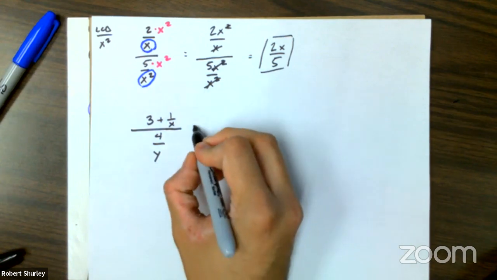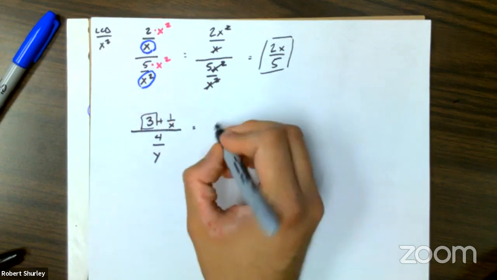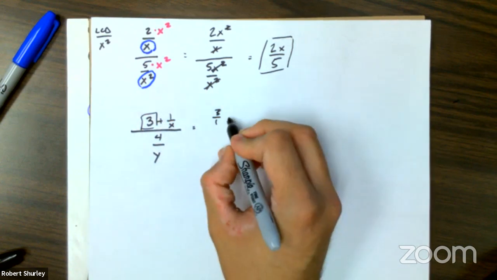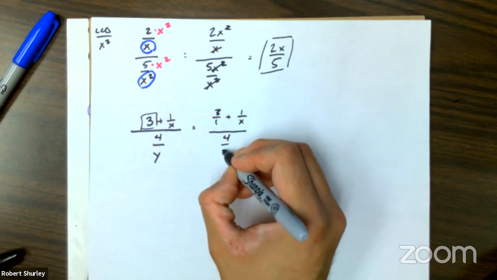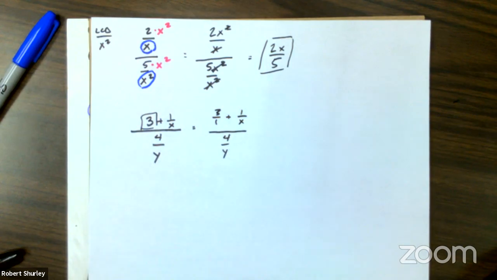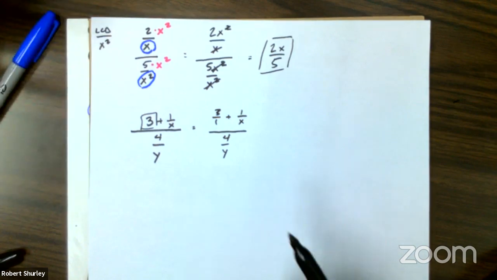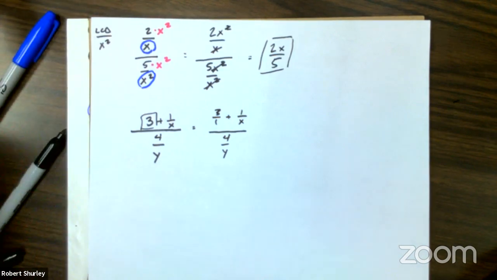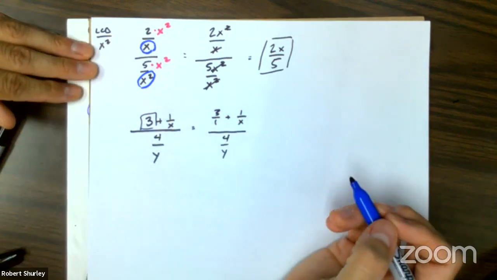Okay, so the first thing I'm going to do is write these all as fractions. Look, this is just an integer, so we can write it as 3 over 1 plus 1 over x all over 4 over y. Okay, if you're going to use this technique, which if you don't know how to simplify complex, I'm assuming you're going to use this technique. If you're going to use this technique, you're going to have to think of all of these as fractions. Every term in here is a fraction, even if it's not written as one to begin with.